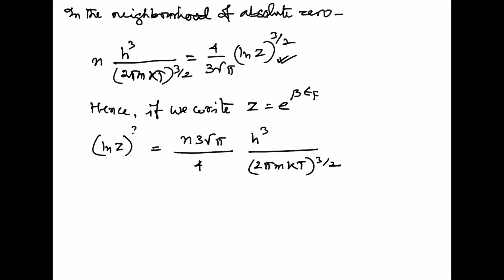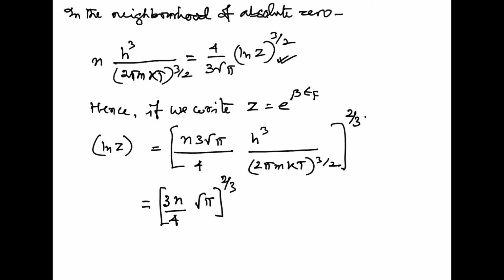So when we write for log z, we'll get on the right hand side to the power 2/3. So we get 3n by 4 root pi to the power 2/3, and h square divided by 2 pi m kT.